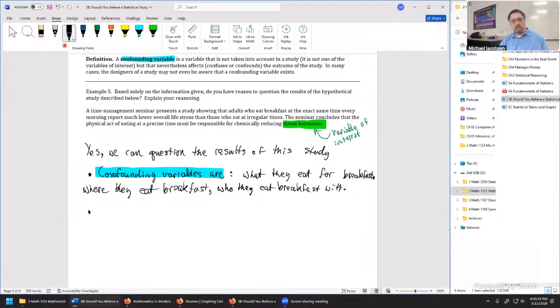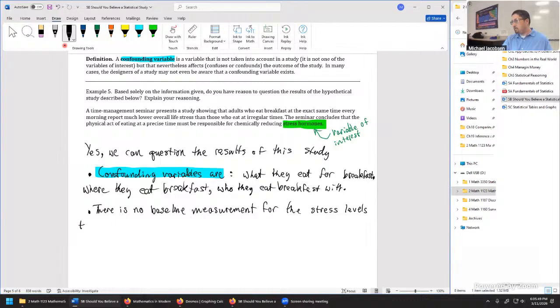Let's say here, let me know if I capture the concept completely. There is no baseline measurement for the stress levels to compare with the supposed, I'll say supposedly, they said it was reduced, but reduced from where?